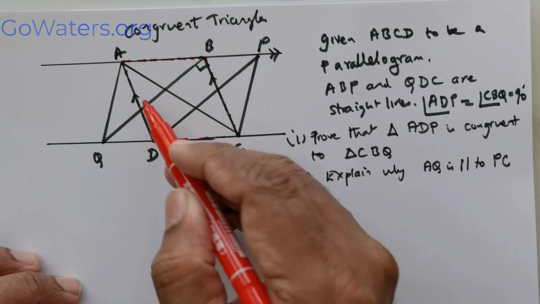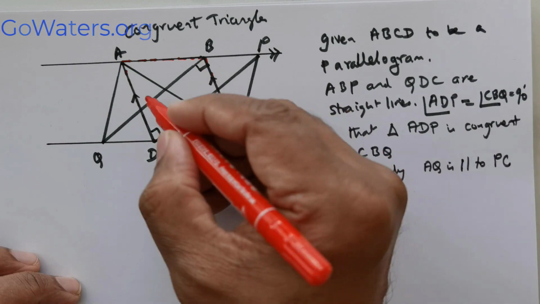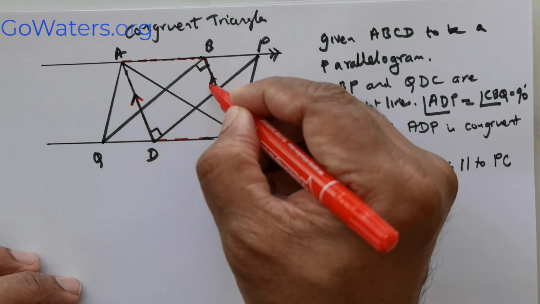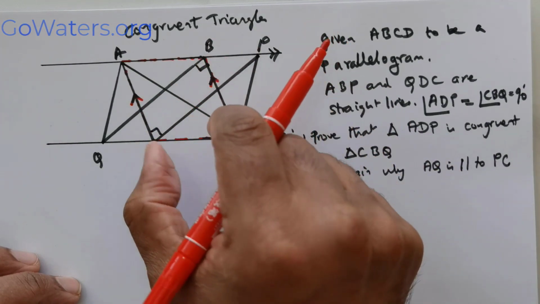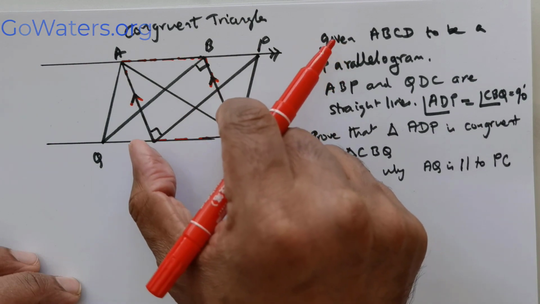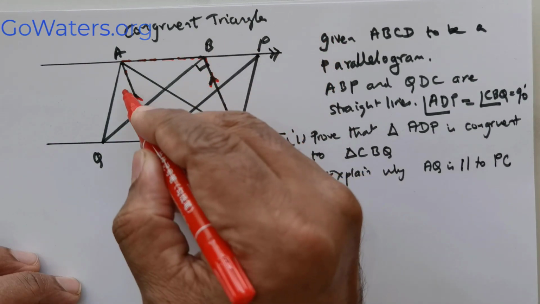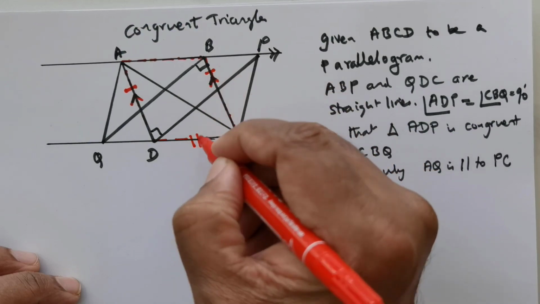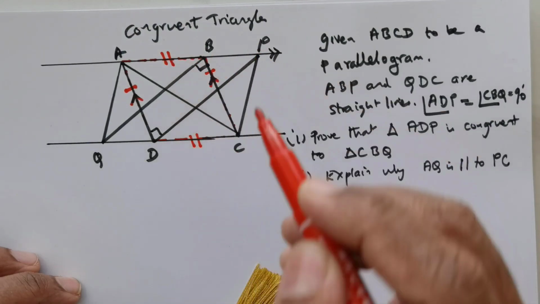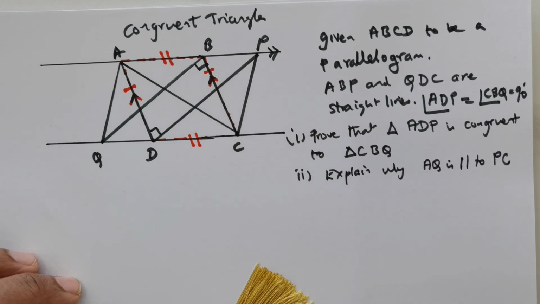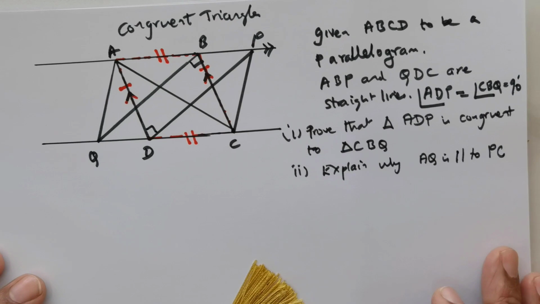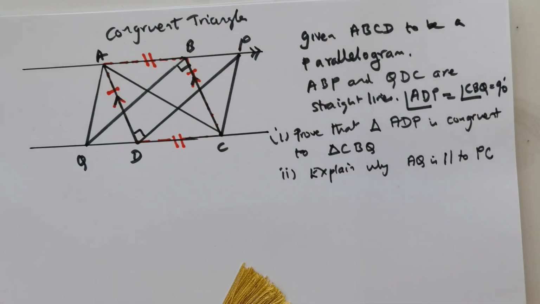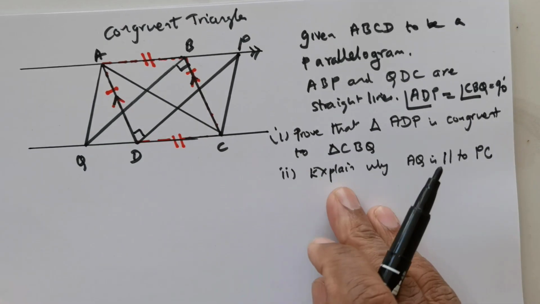That is, if I were to take these two things, AD and BC are parallel and they would be equal. So this will be the same as this and this will be the same as this. So that is the first observation we have to arrive at. So I can write that statement down. So this is the solution.